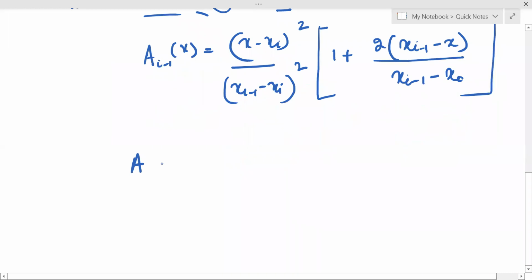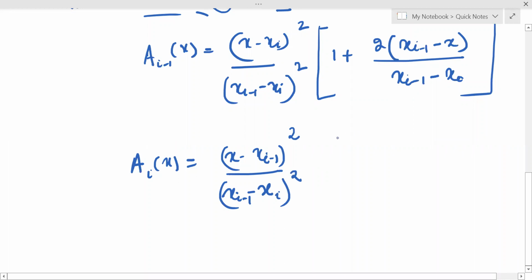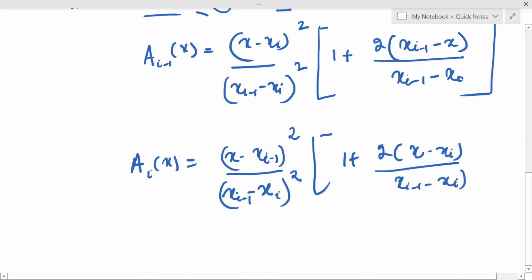a_i(x) can be calculated as x minus x_{i-1} whole square divided by x_{i-1} minus x_i whole square, into 1 plus 2 times x minus x_i divided by x_{i-1} minus x_i.